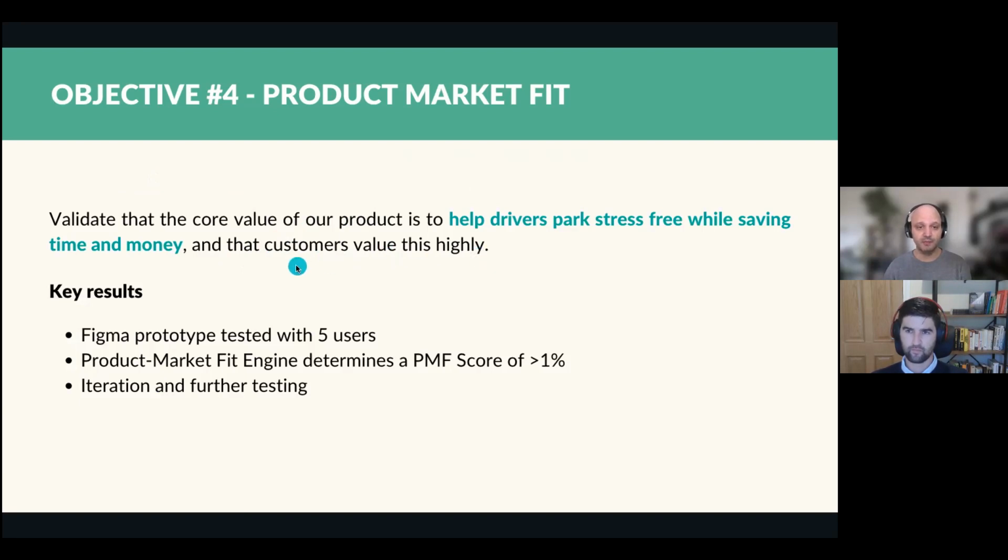To achieve this, I built a Figma prototype, which I tested so far with 5 users. I have 3 more lined up for the next couple of days, and I work on a product market fit engine, which I will also demonstrate in a minute, and work on iteration and further testing.